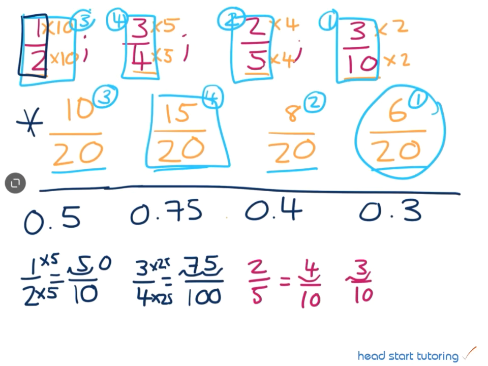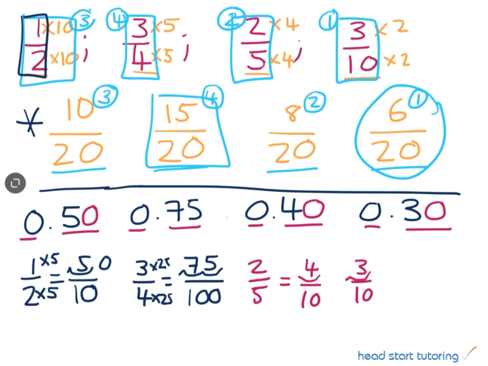So then we can put in some placeholders here so that each of our decimals has 2 decimal places. And then we can look at these numbers: 50, 75, 40, and 30. So even though it's actually 0.50, 0.75, 0.40, and 0.30, because each of our decimals has 0 units, we can just have a look at the tenths and the hundredths.